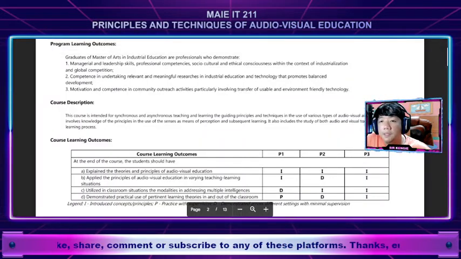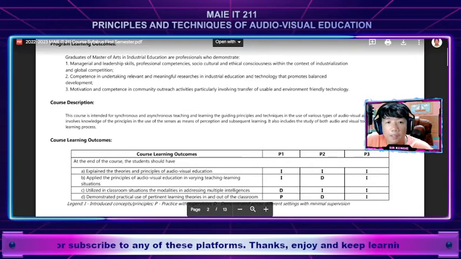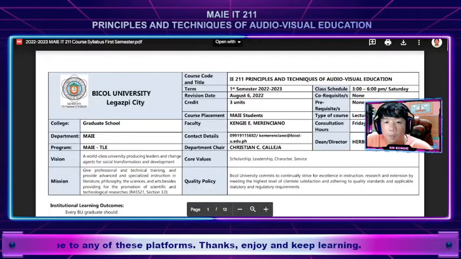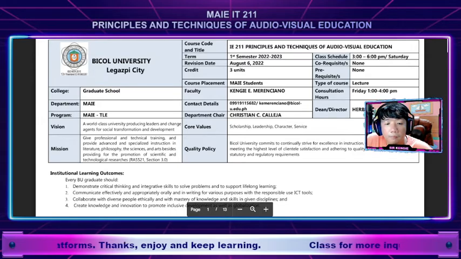So class, please let me know if you can see what's on the screen, or is it visible to everyone? Yes, po, sir.